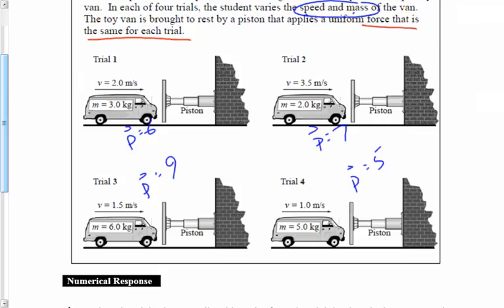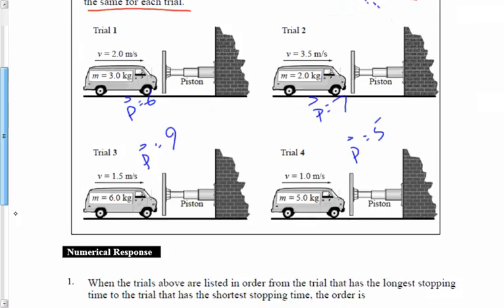If the momentum is different, and they all come to a stop, then the impulse will be different as well. That's not the predetermined impulse. If we have different impulses and we have the same force, then the other thing that's going to be affected is what?